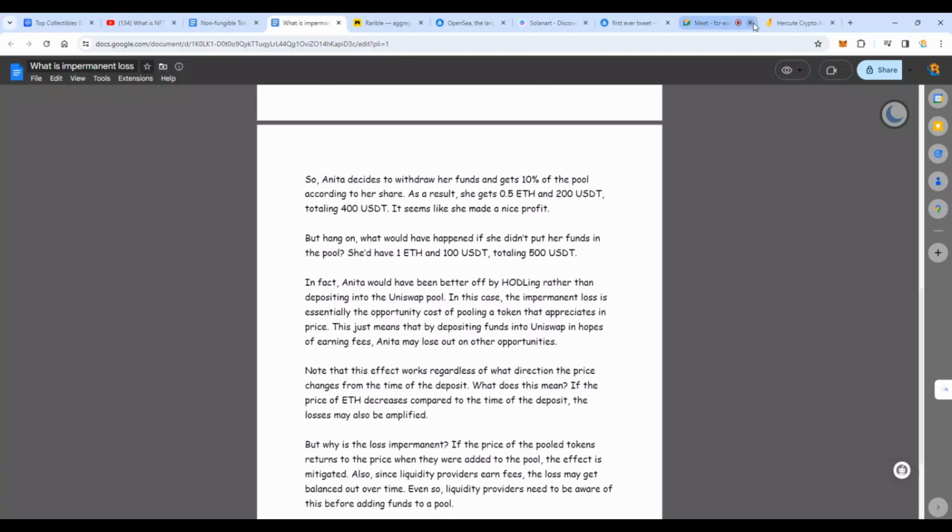So Anita decides to withdraw her funds. Remember, when Anita deposited her 1 Ethereum and her 100 USDT, she got a 10% share of the liquidity pool.